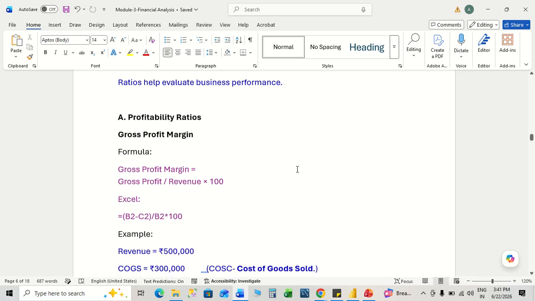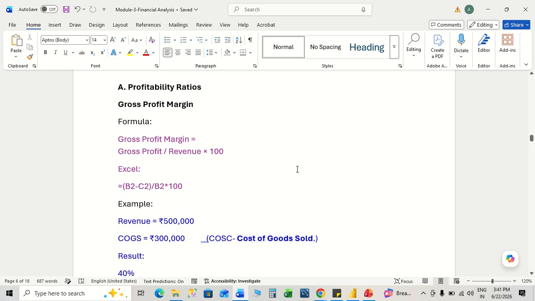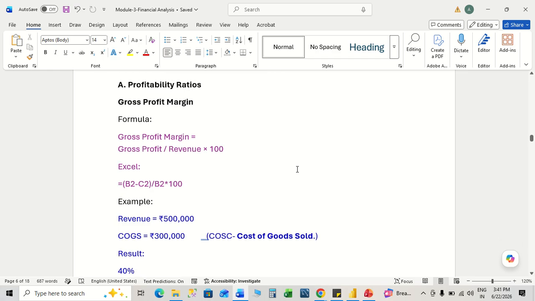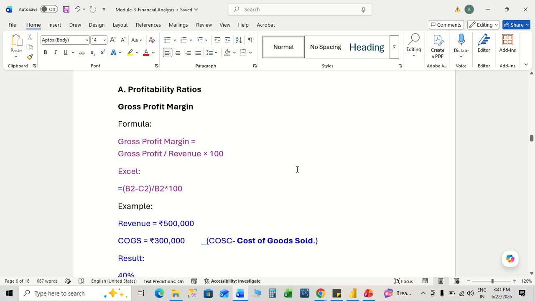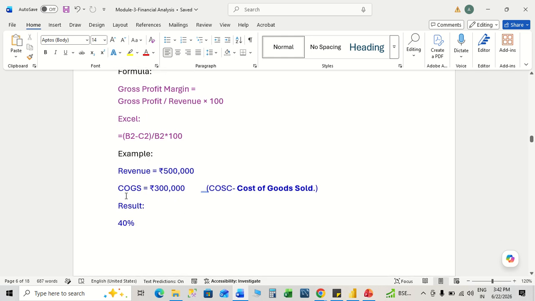Now, what is profit ratio? Gross profit margin is equal to gross profit divided by revenue, times 100. Let's suppose revenue here is 5 lakhs, and this is the cost of goods sold, COGS.